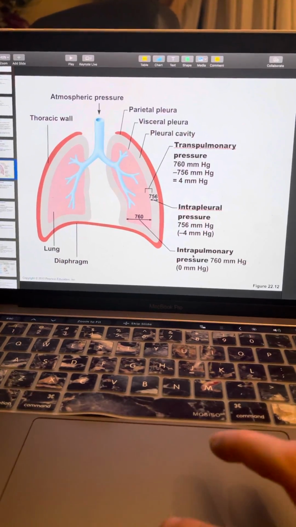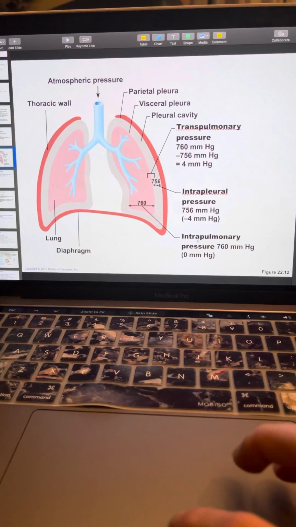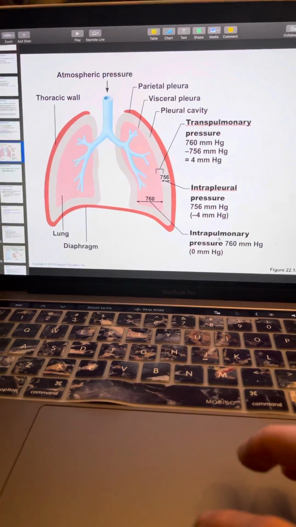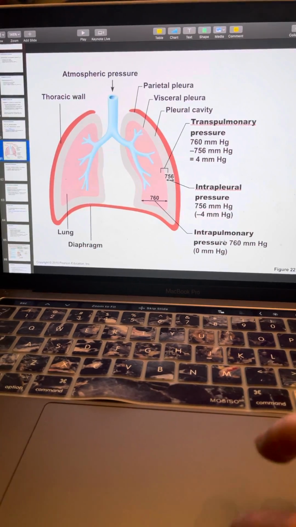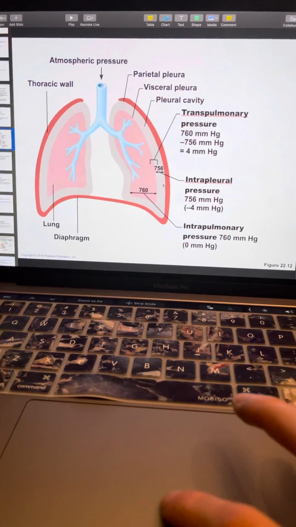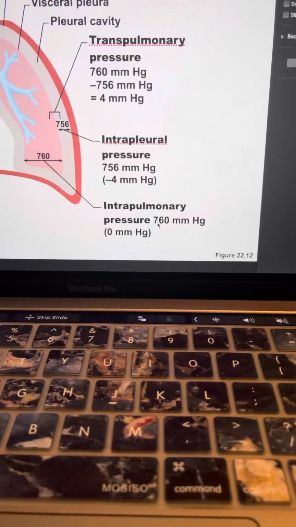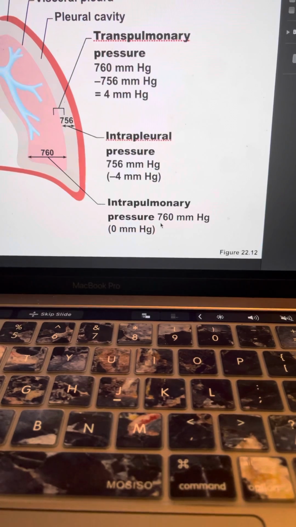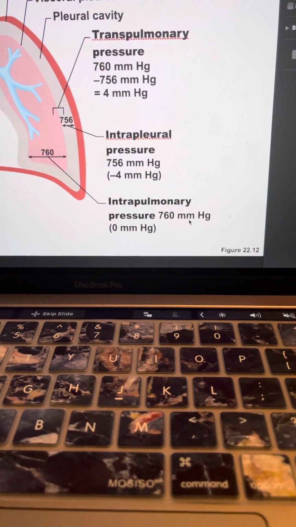So intrapulmonary pressure. Think intra, inside, and pulmonary. We know pulmonary from the circulatory system. Pulmonary means lungs. So inside the lung pressure, this pink part right here. Notice that the intrapulmonary pressure says that the pressure is 760 millimeters of mercury. What did we just talk about that is also 760 millimeters of mercury?